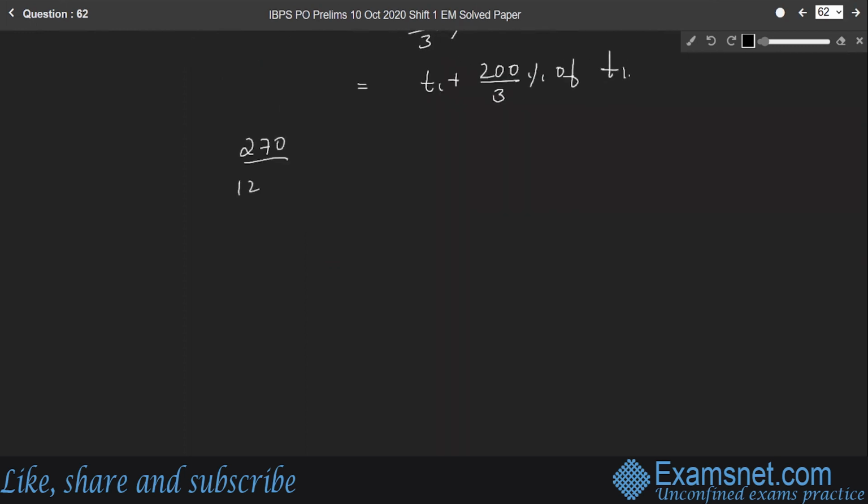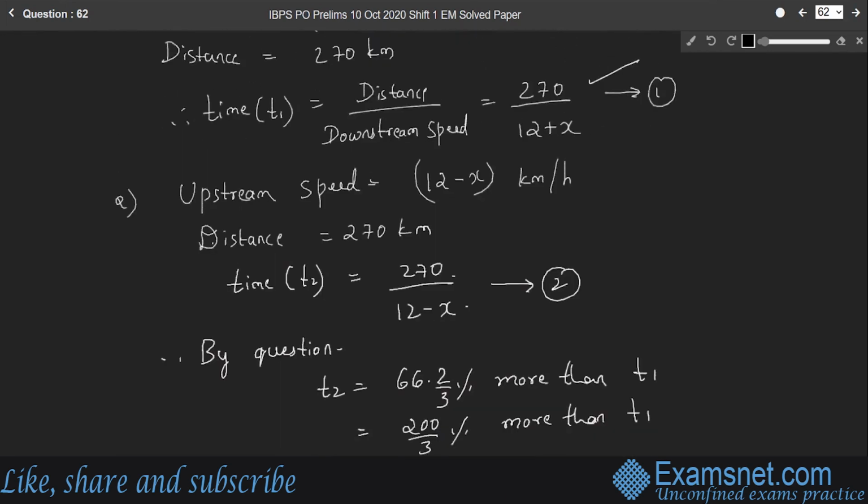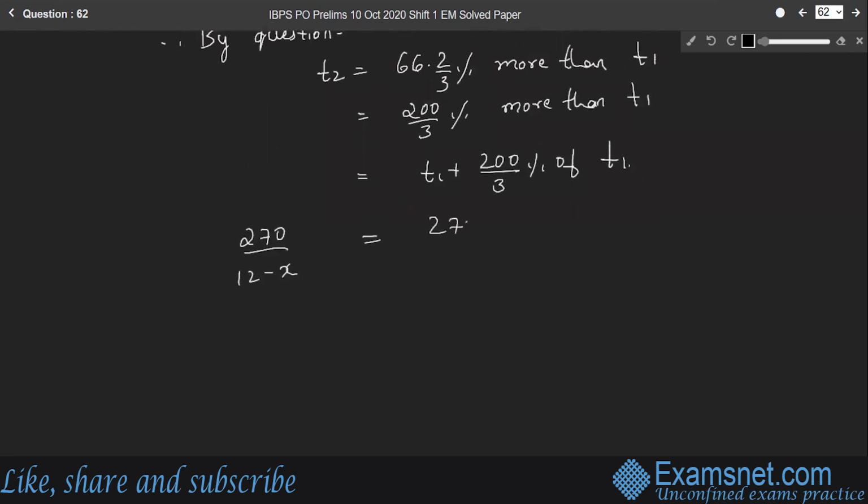270 by 12 minus x is equal to T1 plus 200 by 3% of T1. T1 is 270 by 12 plus x, so 270 by 12 plus x plus 200 by 3 whole divided by 100 of 270 by 12 plus x.